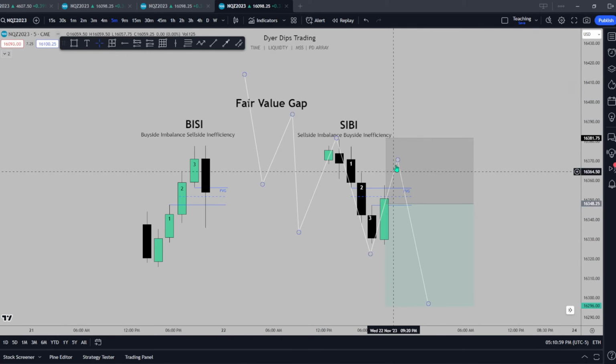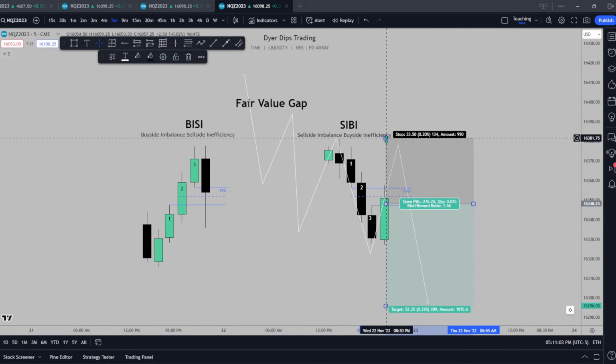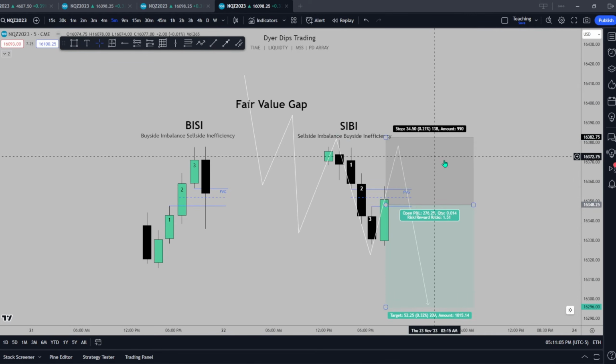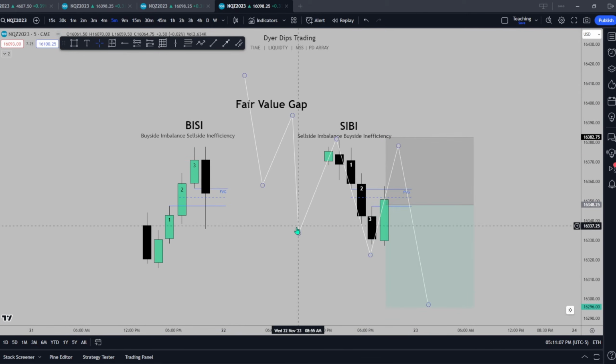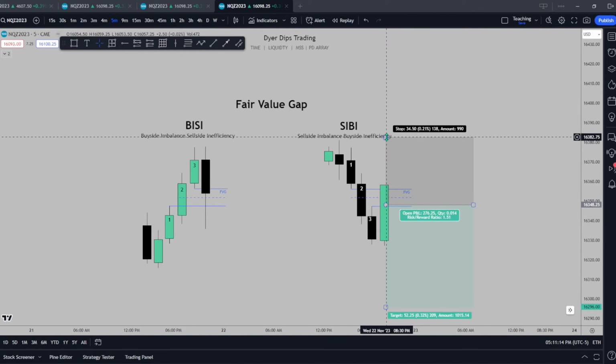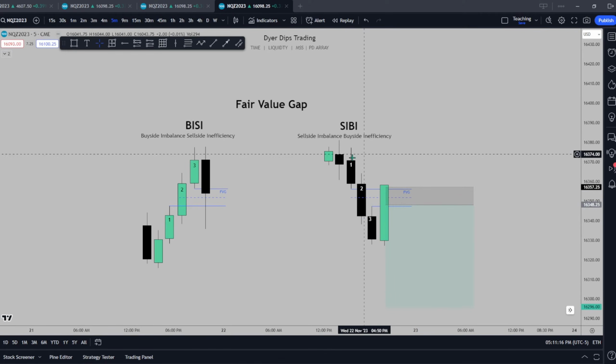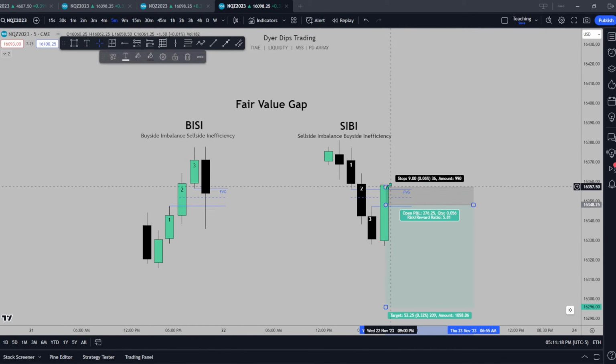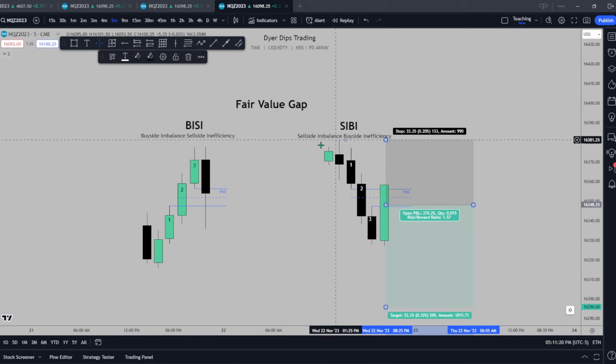So as long as we make a lower high, you would still be in the trade. Even if it comes all the way up here, if your stop loss is above the last swing high, you have the safest stop loss placement possible, while still understanding that once we get a close above this fair value gap, it's probably best to close out the trade and ultimately take a smaller loss than when price comes all the way back up here.